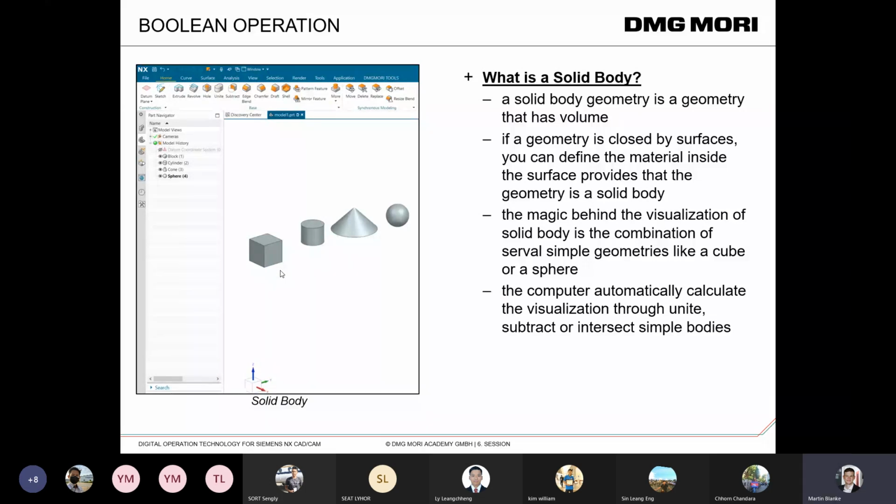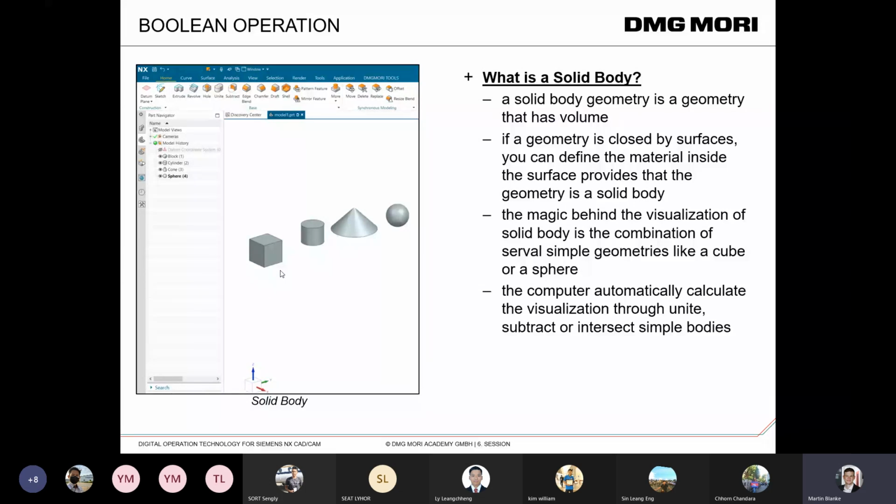This is one point. The other point is that the magic behind the visualization of solid bodies is the combination of several simple geometries like a cube or a sphere. The computer automatically calculates the visualization through unite, subtract or intersect of simple bodies.